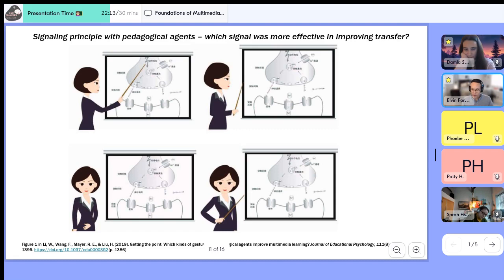So I want you to look at these 4 conditions and just let me know, say this is 1, this is 2, this is 3, and this is 4. Forget my handwriting. Which of these 4 do you think the learner learned the best?